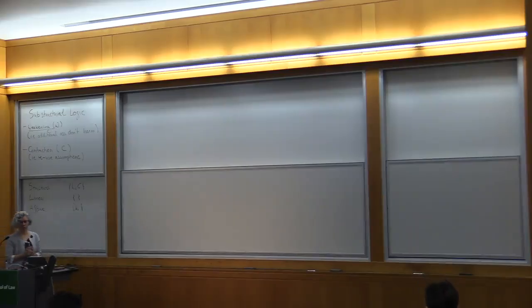So why would I want to have a logic where I control the usage of these assumptions? And I want to give a slogan for today. So the slogan for today is: truth is ephemeral.